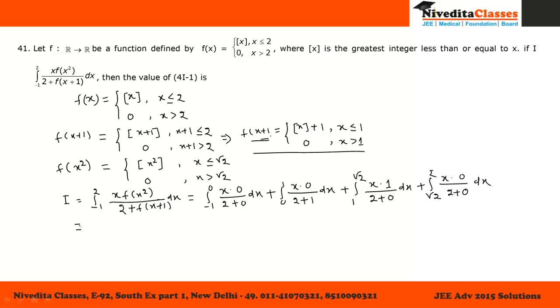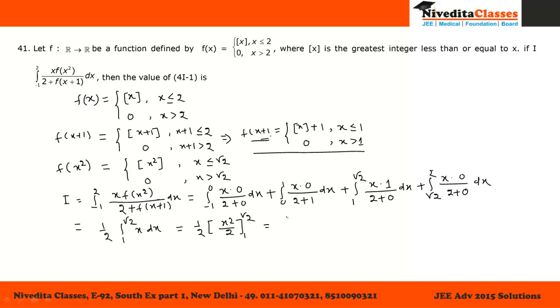This will be half into the integration from 1 to root 2 of x dx, that will be half into x square upon 2 with limits from 1 to root 2.